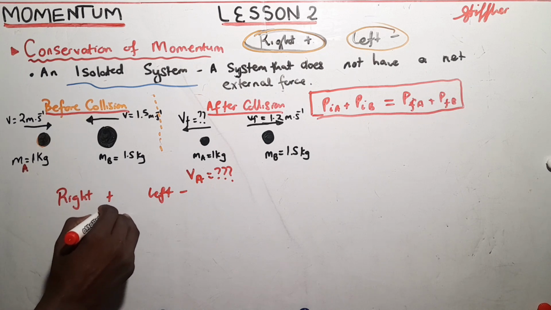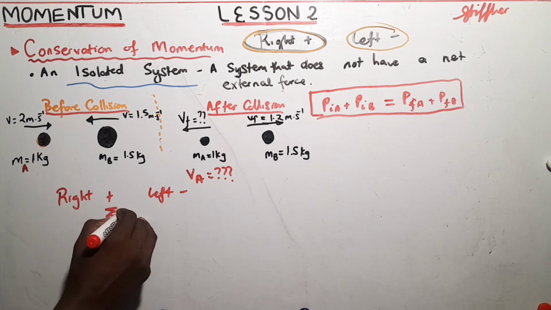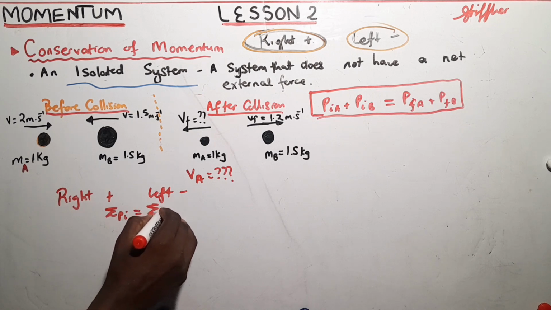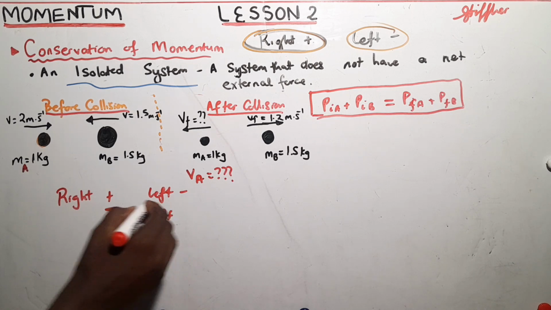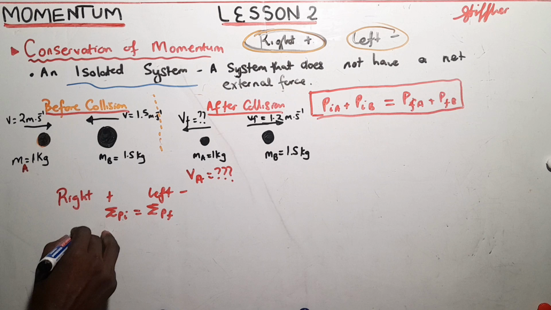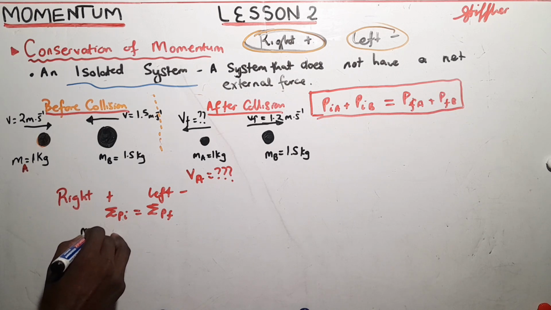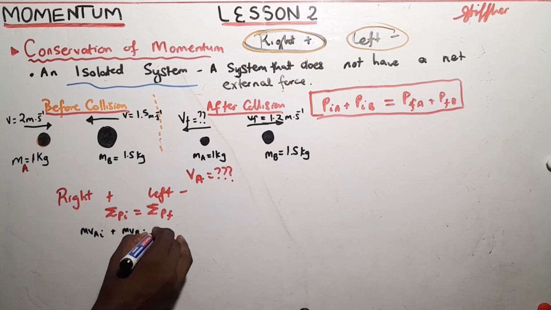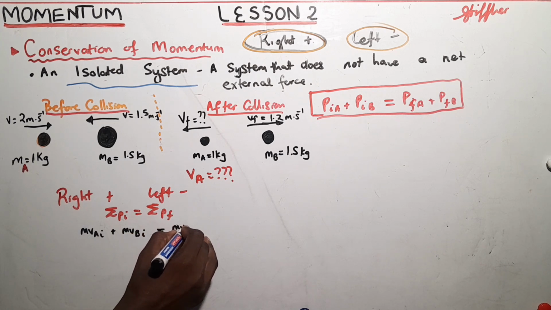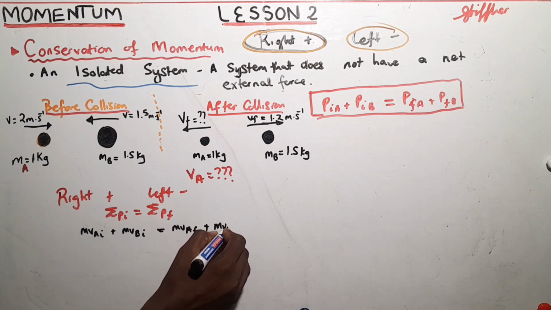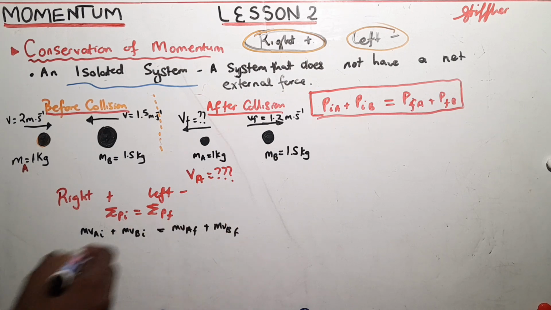So we can write our formula. The total linear momentum of an isolated system will always be conserved. So initial momentum will always be equal to final momentum. So what do we have? We have mass times velocity of body A initial plus mass times velocity of body B initial is equal to mass times velocity of body A final plus mass times velocity of body B final.